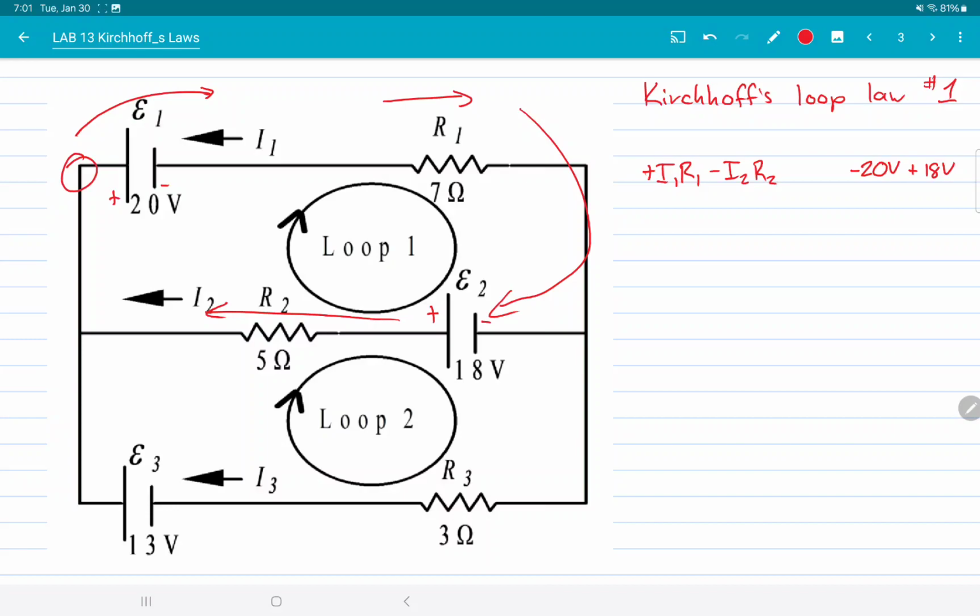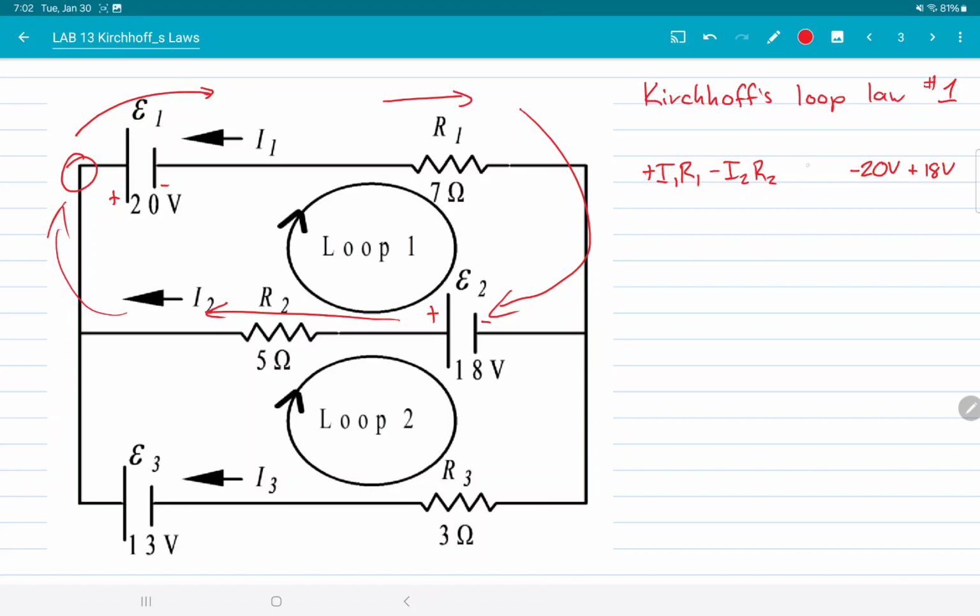Again, we're setting it as negative if we're going in the direction of the current because we have voltage drops, or positive in the opposite direction of the current because we're kind of swimming upstream. We're going to be gaining potential in that particular process. And then I would end up back at my starting point.